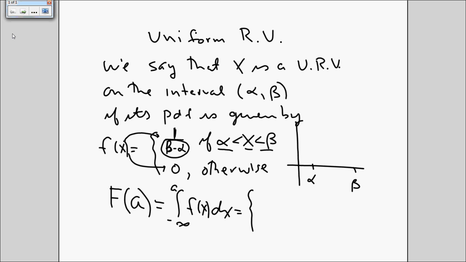If x is not between alpha and beta, we get 0, from negative infinity to alpha, and bigger than beta is also 0. If x is between alpha and beta, you get this quantity, 1 over beta minus alpha.